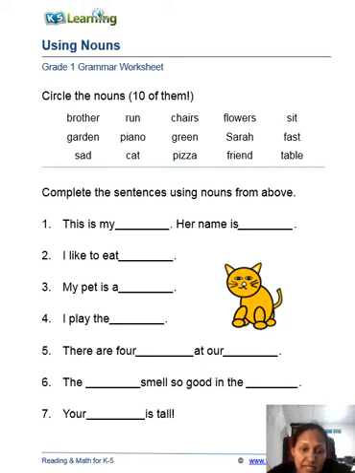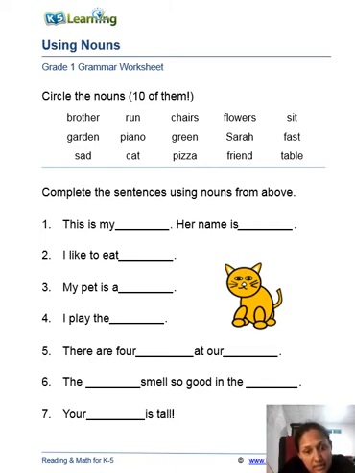Then number 6, the, we can say the flowers. We can smell flowers, right? There's a word called smell after the blank. So you can say the flowers smell so good in the, where do we find the flowers? In the garden.